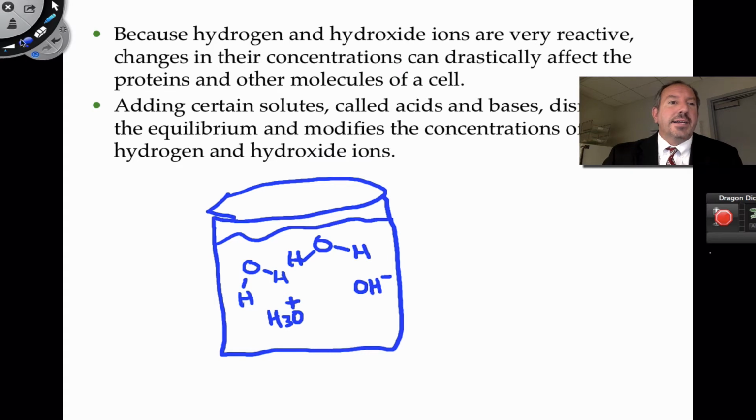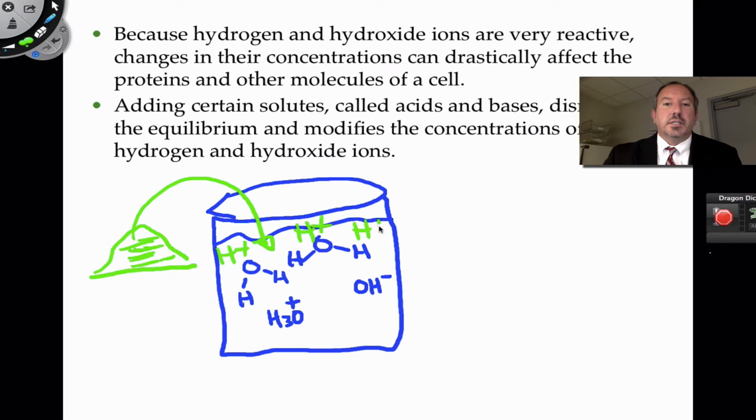But if I add some kind of chemical, some sort of solute, and I increase the hydrogen ion concentration, I will have created an acid. So something that donates hydrogen ions is by definition an acid. If I had a different solute and it increased the hydroxide ion concentration, it would be considered a base. That's one definition of an acid or a base.